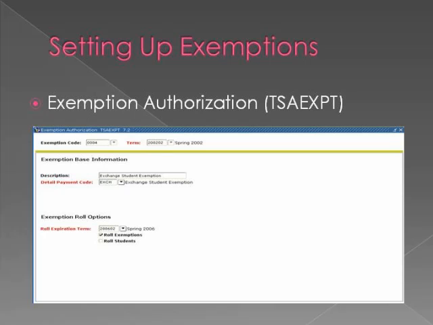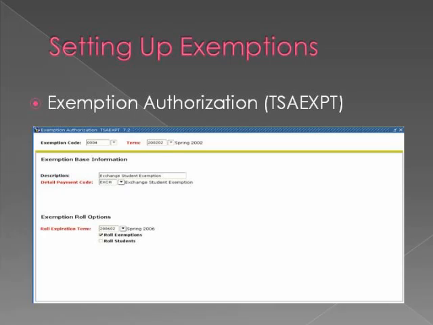In this case, it's 0004, and it's for term, in this particular case, 2002-02. All right, the description of this one is an exchange student exemption, and we have the detail code of EXCH, which was in the example screenshot from your detail code control form.